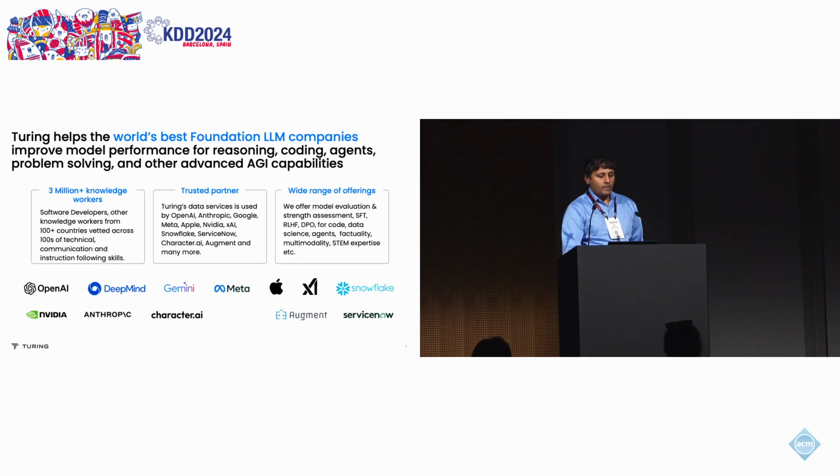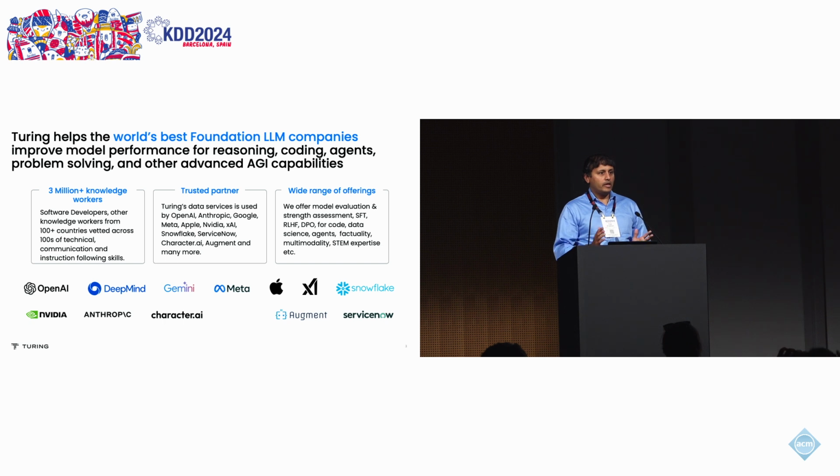Now, I'll tell you a thing or two about Turing before getting into the best practices. So, Turing today helps the world's foundation model companies improve model performance for reasoning, coding, agents, and various other capabilities. And our unfair advantage comes because we have one of the largest talent pools in the world. Our talent platform has more than 3 million software developers and knowledge workers from over 100 countries.